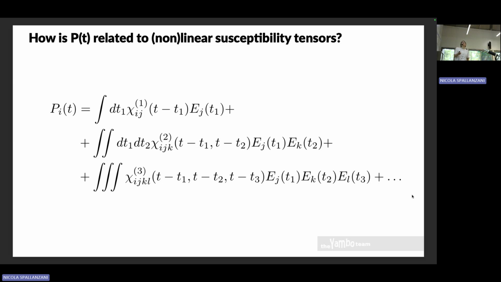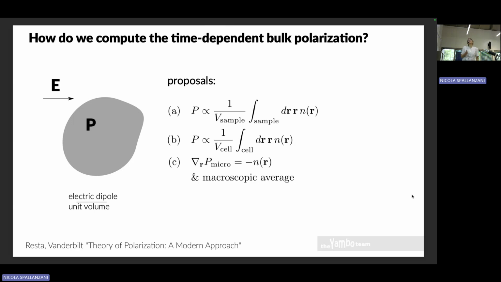But again, how do we calculate the bulk polarization? One can examine some proposals. The first one would be similar to what you do on a finite system.